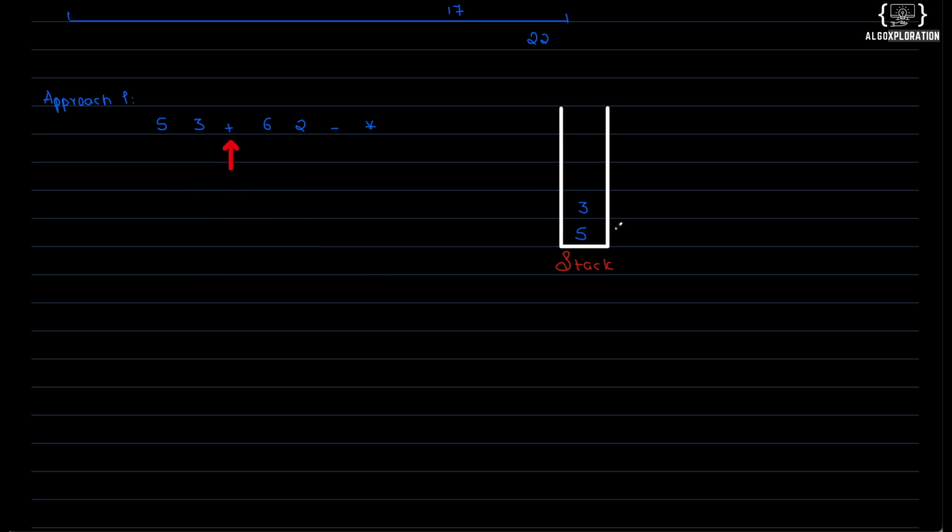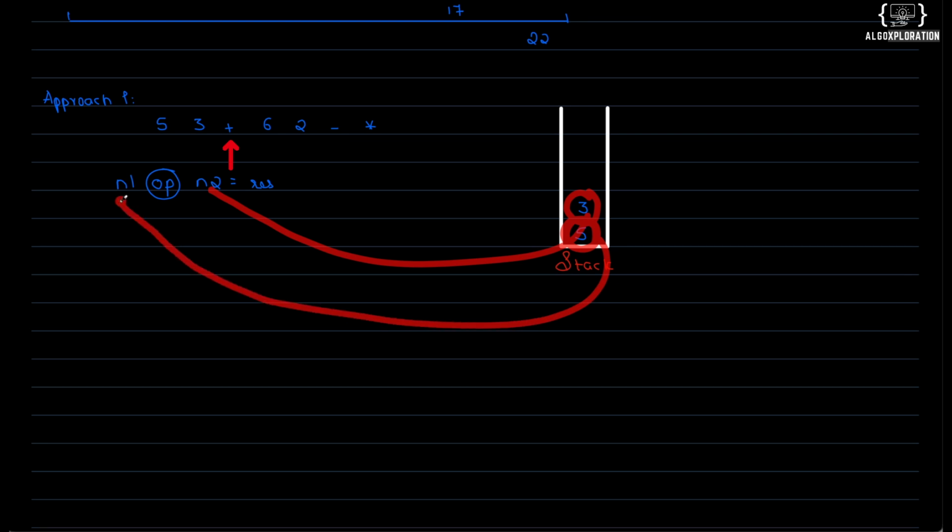So if I want to do n1 operator n2, I will be popping this element and storing it in n2 instead of n1, and again popping this element and storing it in n1 instead of n2.